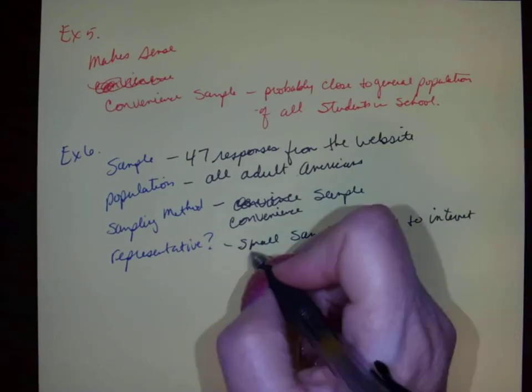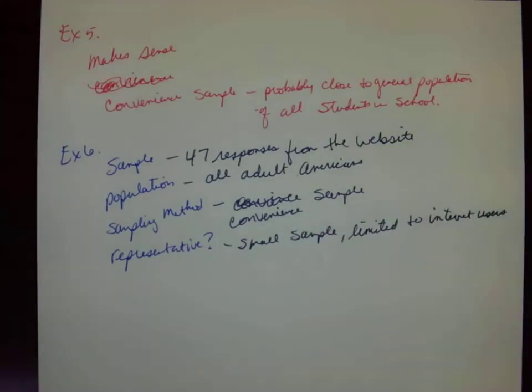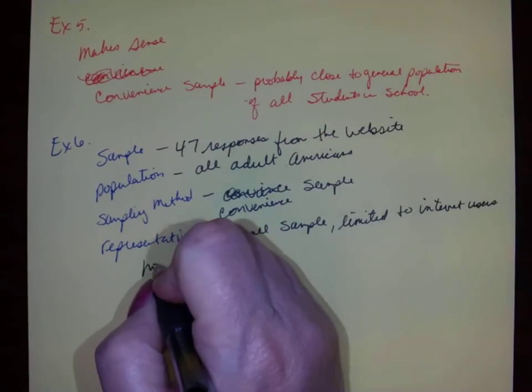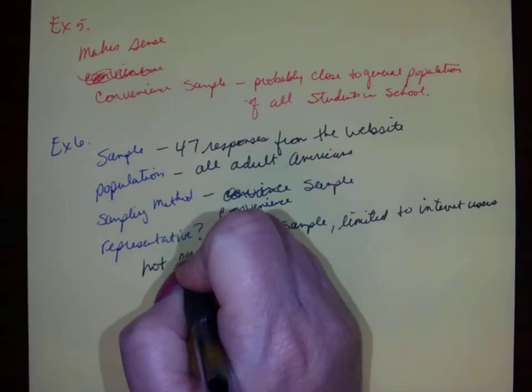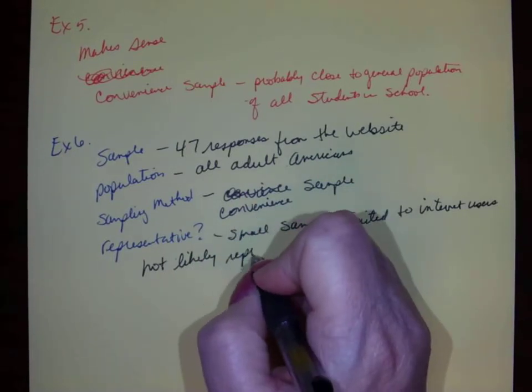If you are not on the internet, you're not going to be able to do this. And they'd have to stumble somehow across the website as well, right? So, not likely representative.